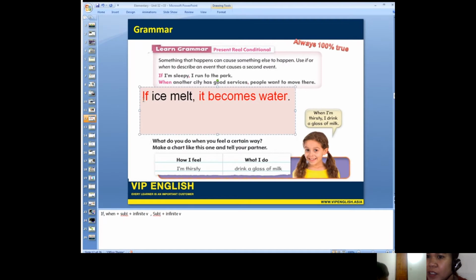And then the cause or the second event is this one. Subject plus infinitive verb. Your subject here is it. Okay, I will send you the word order. Okay, this is the word order. So that's the word order. Don't forget that.